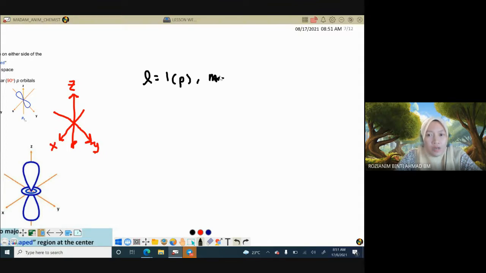So, the value of M is -1, 0, positive 1. So maybe the first value -1 here belongs to the PX. Maybe 0 PY. Maybe positive 1 adalah PZ.